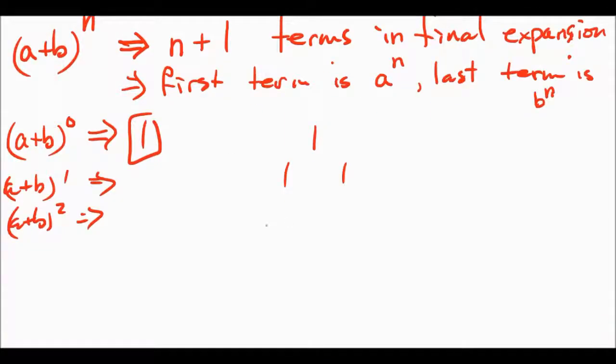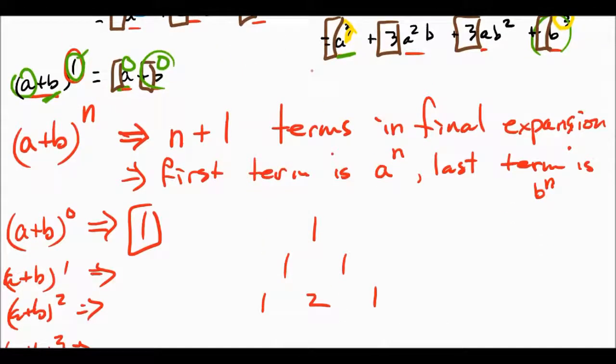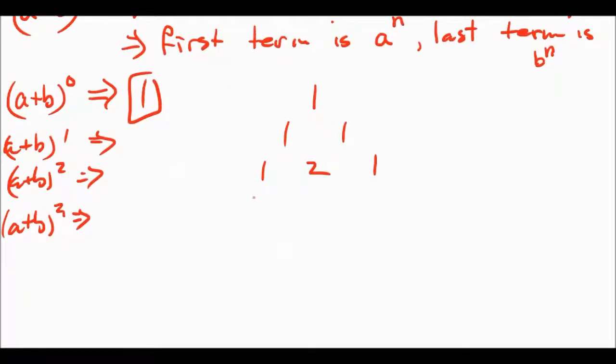So I'm just going to list those here. What about a plus b to the power of 3? The coefficients there are 1, 3, 3, 1. Any patterns that you're noticing there?